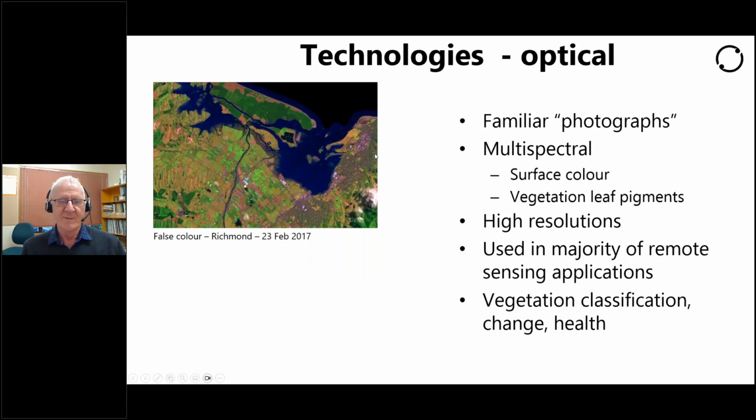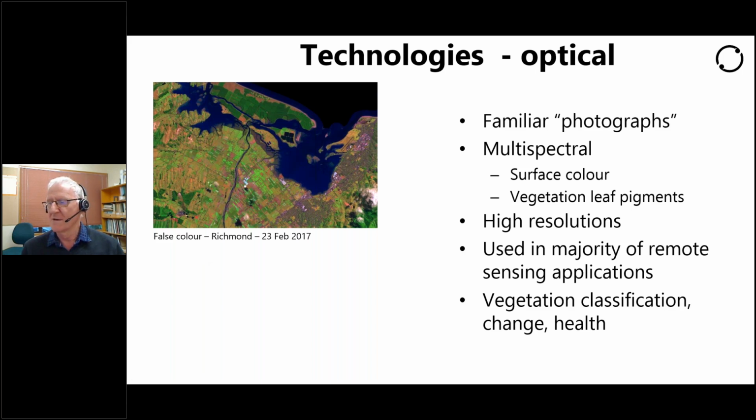I'll move on to talk about some of the technologies that we use in remote sensing, starting off with optical, which is probably the most familiar to you. This is basically just photographs of the ground, but in remote sensing, we're often looking beyond the visible spectrum that you would see with your eyes. So we'll be looking out into the infrared or near infrared, and these are usually or often represented as false color images.